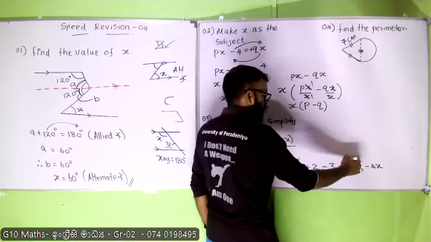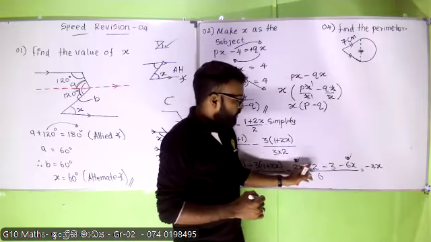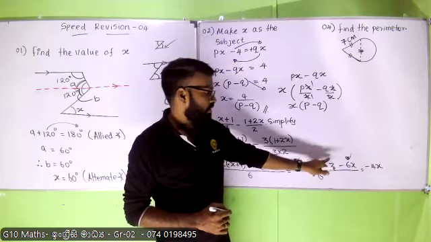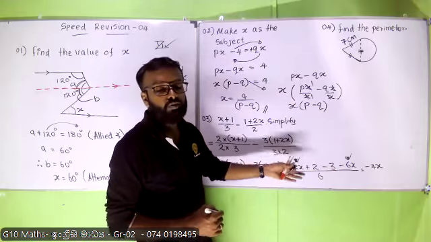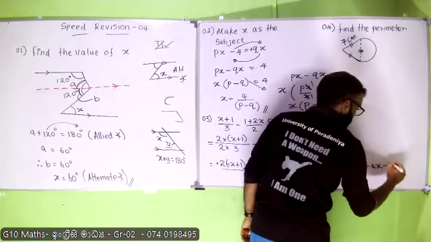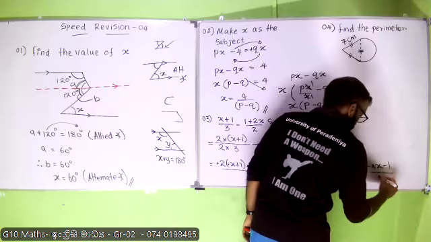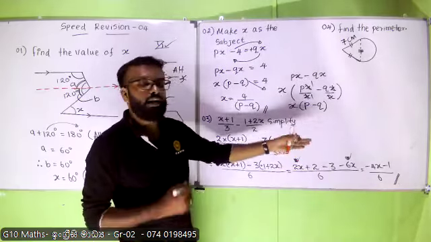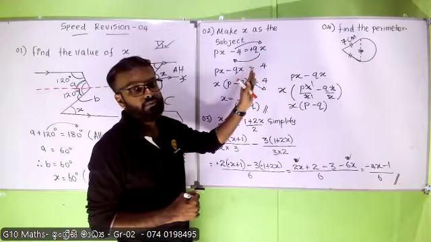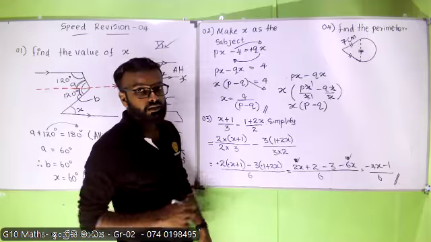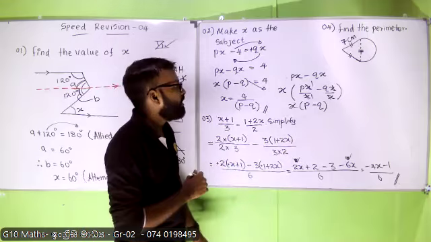Positive 2 minus 3, the 3 has the negative sign, so 3 minus 2 is 1, and the value will be minus 1. This should be your final answer. If you want, you can take minus 1 out from the bracket, or you can keep the answer like that.